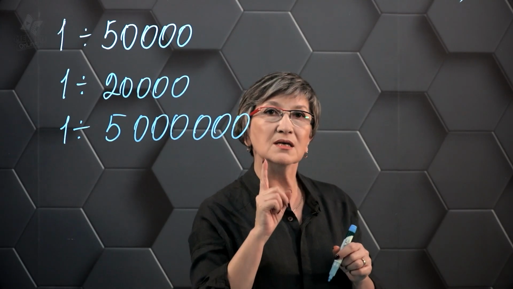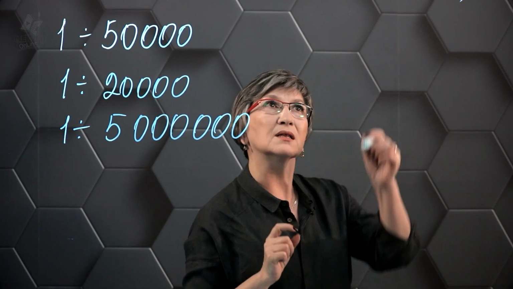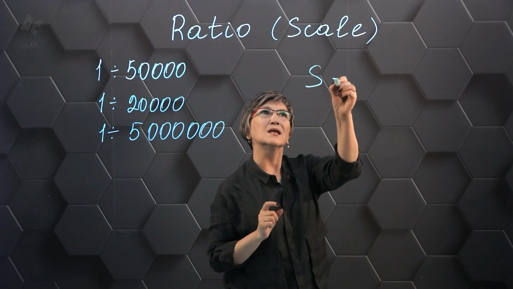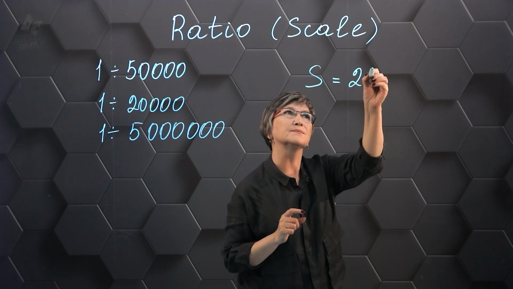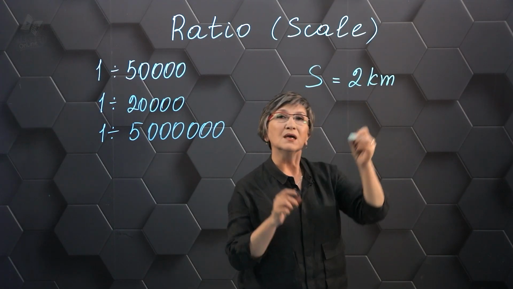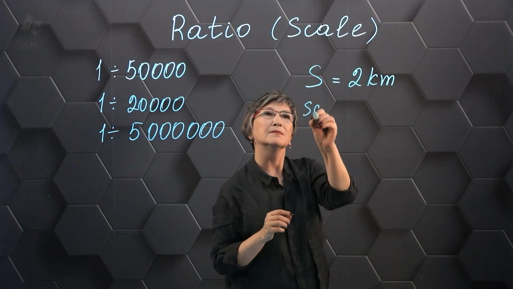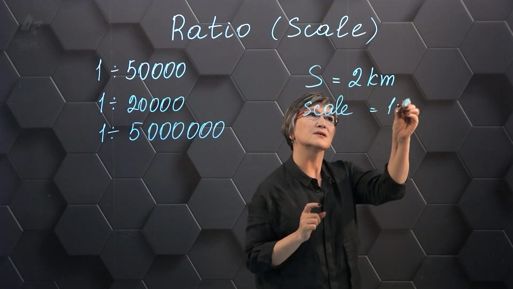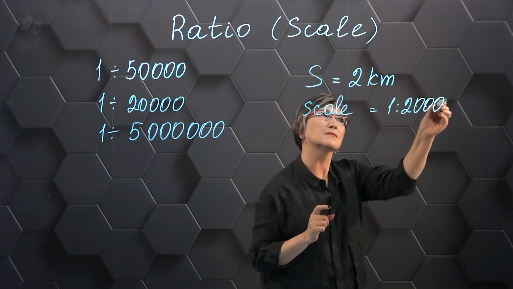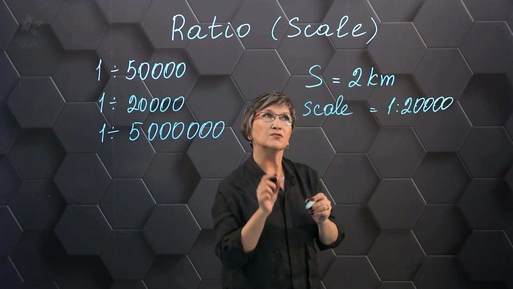The distance between two cities is equal to 2 kilometers. If the scale of the map is 1 to 20,000, what is the distance on the map?